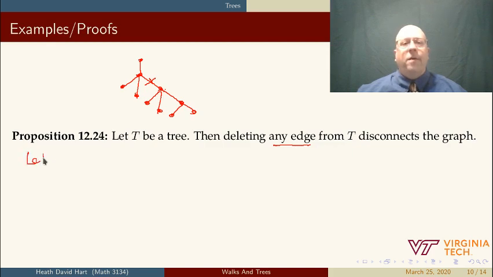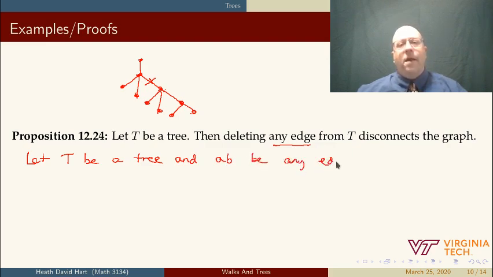So let T be a tree and AB be any edge in T. This is going to be a proof by contradiction.